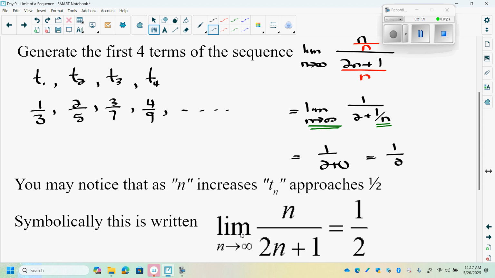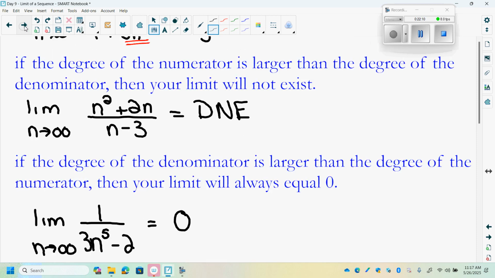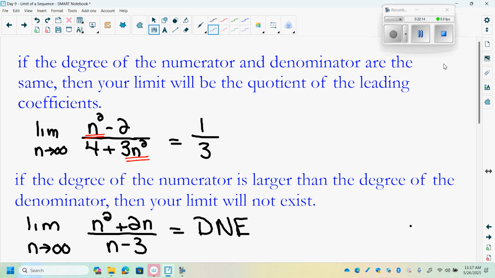Symbolically, you write this: the limit as n approaches infinity of the expression n over 2n plus 1 equals 1/2. Some shortcuts that we discussed a while back. If the degree of the numerator and denominator are the same, then your limit will be the quotient. So divide the leading coefficients. N squared in the bottom, n squared in the top. 1 over 3 is the limit.